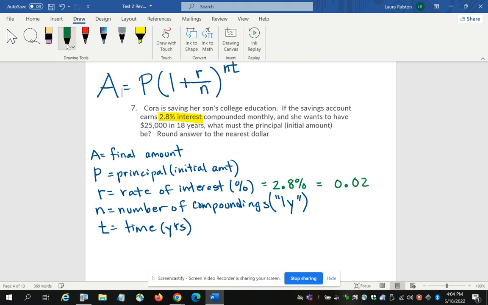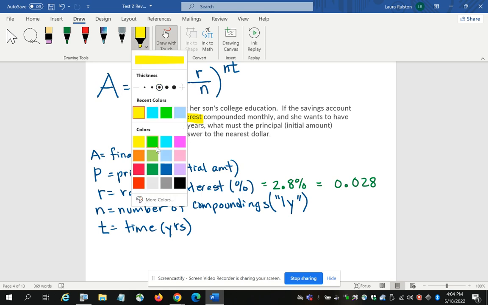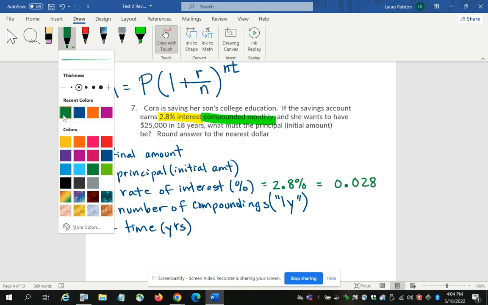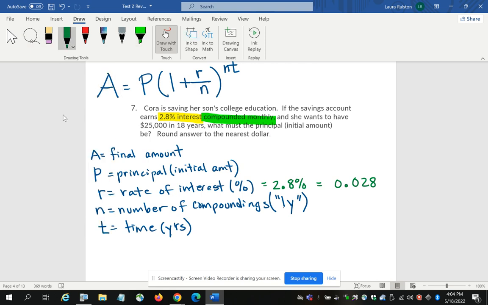Remember, we divide by 100. Again, continue reading slowly. It says compounded monthly. So monthly is going to tell me the number of compounding. See that ly word? There are 12 months in a year, so we would compound it each month, so 12 times.